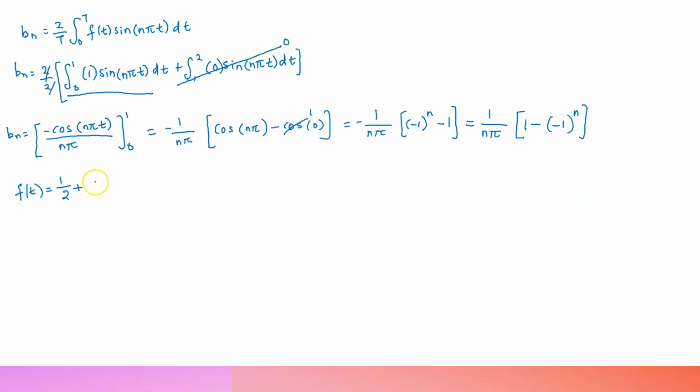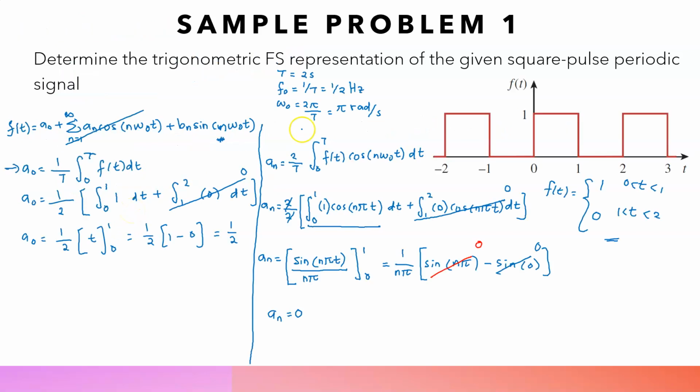And we are left with bn, which is one over n pi times 1 minus minus 1 to the power of n, sine n omega 0 t. Okay. So this is the trigonometric Fourier series representation of this square pulse periodic signal.